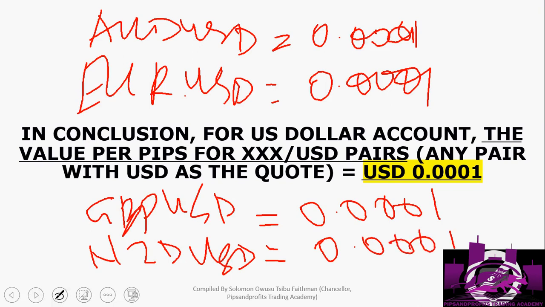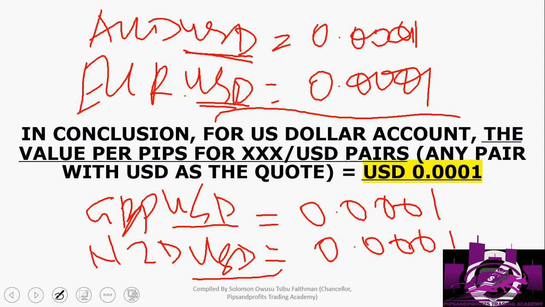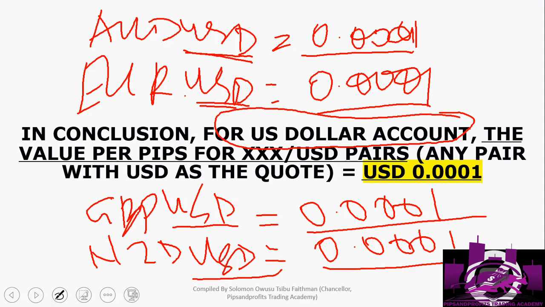So you can see that with all these pairs, and the other pairs you can mention, at AUD USD, USD is the code. Here too, USD is the code. Because USD is the code and your account is a US dollar account, you are going to have the same value per pip.